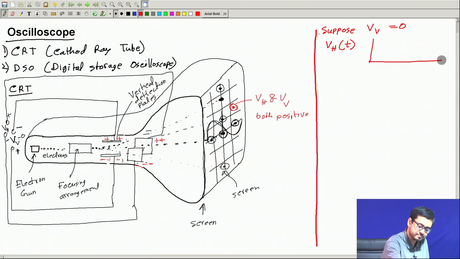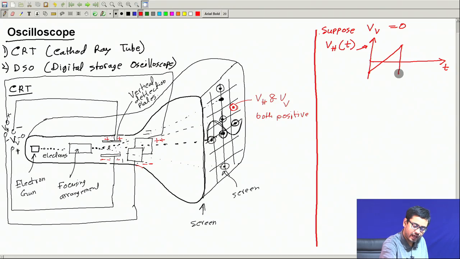This is time, and initially it is 0, or say initially it is negative, and then it is increasing linearly like this. It goes up to this positive value and then it immediately becomes negative again. This is time versus V horizontal.